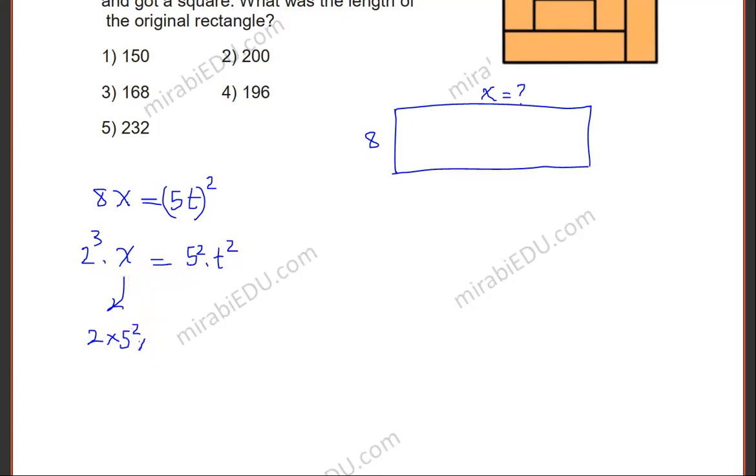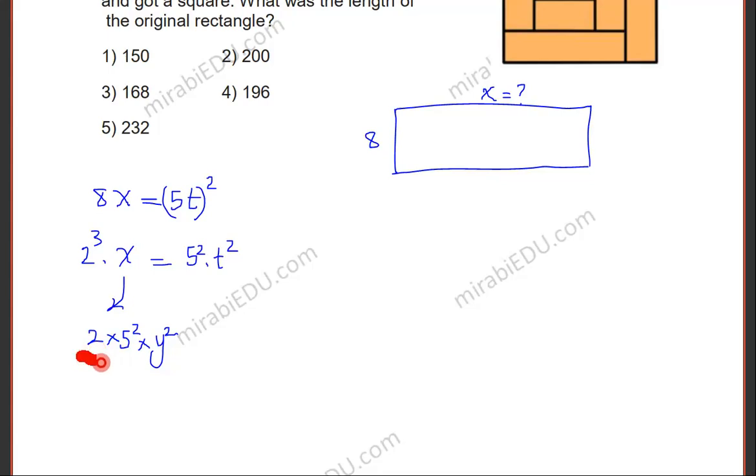Yes, it can have more, but whatever it is, it must be in the shape of perfect squares. It must be, because the right-hand side is a perfect square, the left-hand side must remain a perfect square. So this is 50. Can we say that x is a multiple of 50? No, not every multiple of 50.